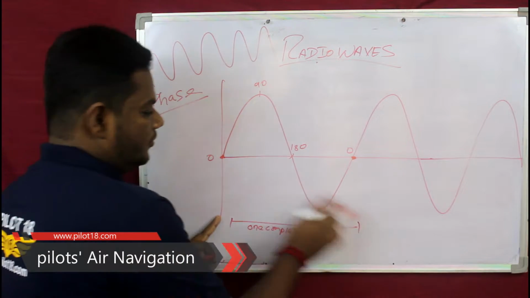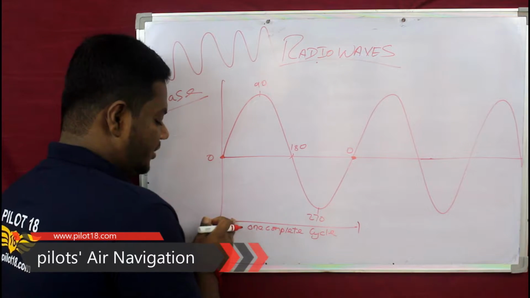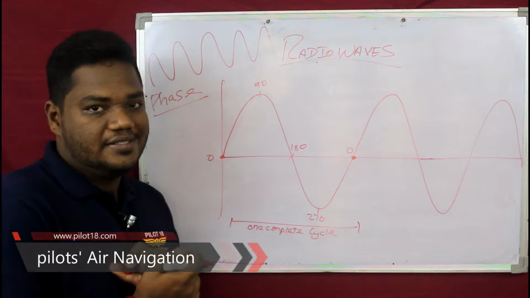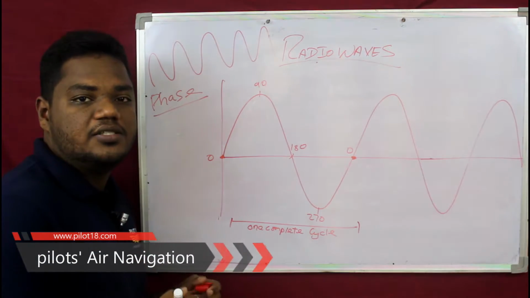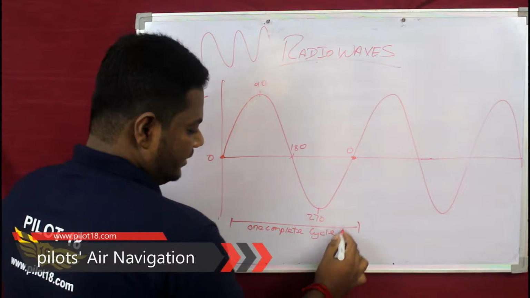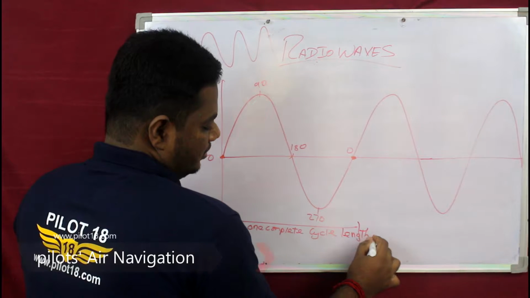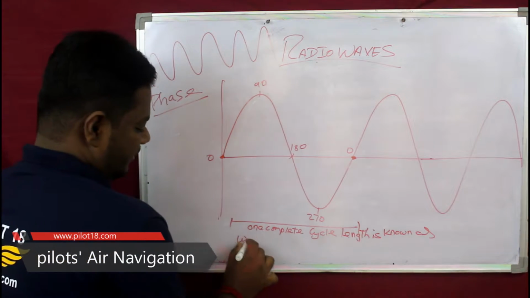So the length of 0 to 0 is known as one complete cycle, right? Now the length of one complete cycle is known as wavelength.